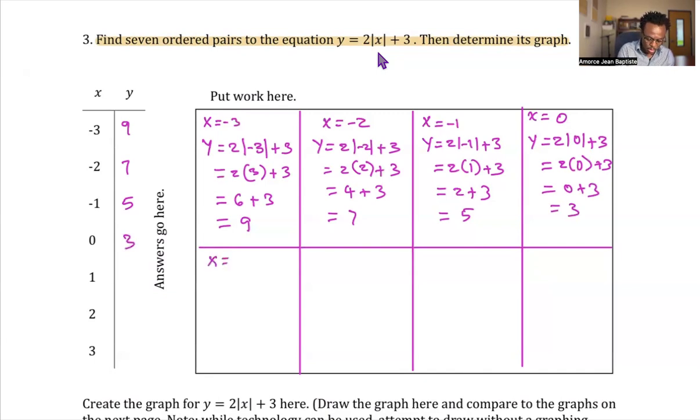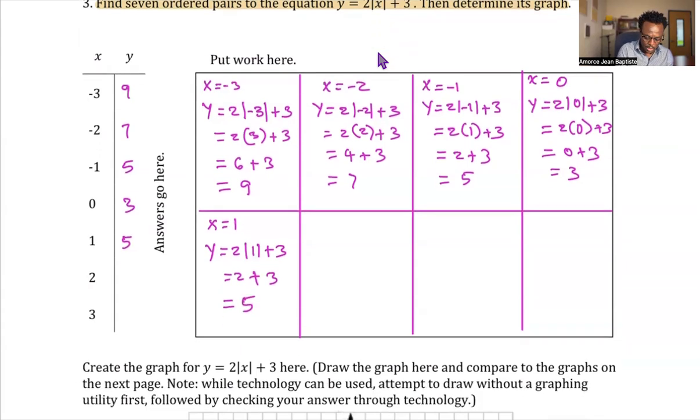x equals 1. y is 2 absolute value of 1 plus 3. That's 2 plus 3. Absolute value of 1 is 1. So that's 5. x equals 1, y equals 5. x equals 2. y is 2 absolute value of 2 plus 3.